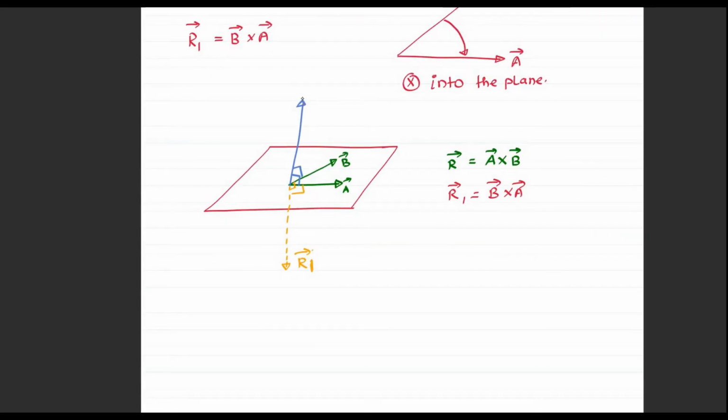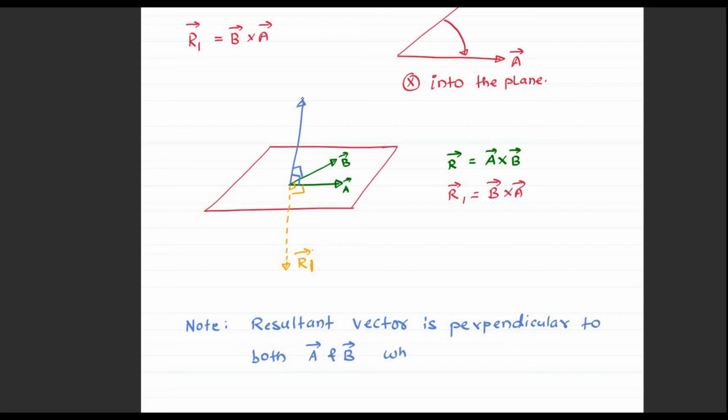So the resultant vector is perpendicular to both A and B vector which are multiplied.